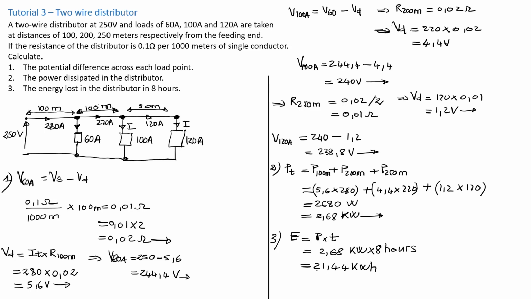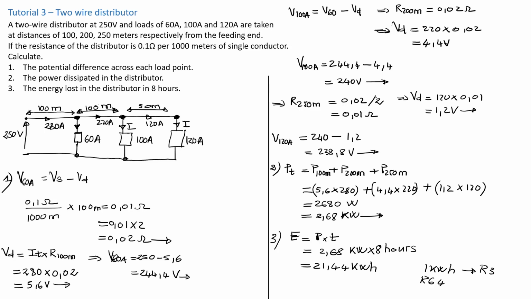Now, this is a lot of energy being wasted. Imagine if you are buying power from a power supplier company and they are selling you 1 kilowatt hour for, let's say, 3 rand, South African rand. So which means automatically you have 21.44 that you have to multiply times 3 rand, and you are losing about 64 rand here, right?